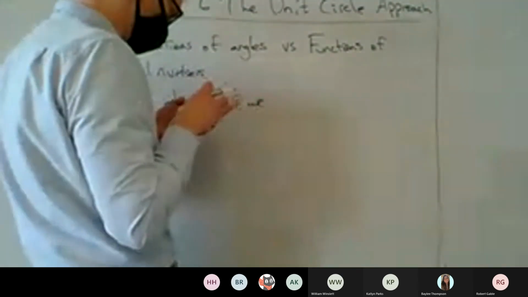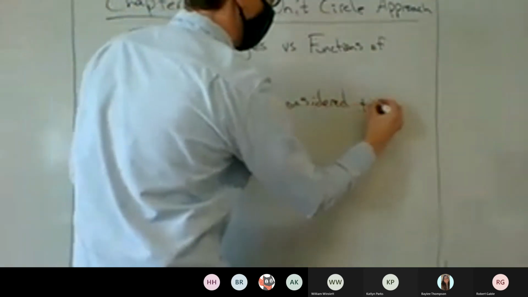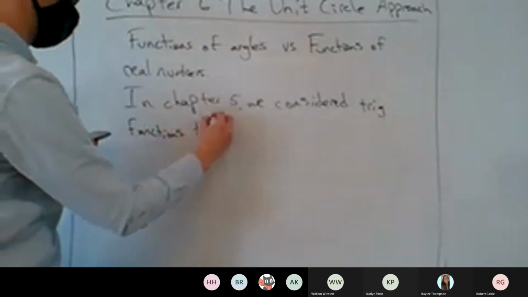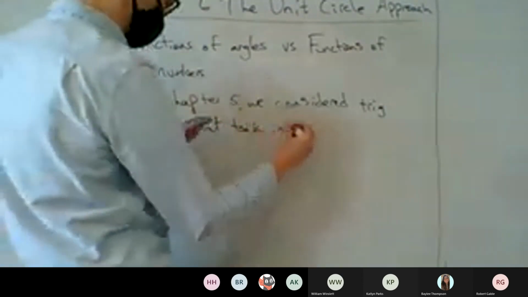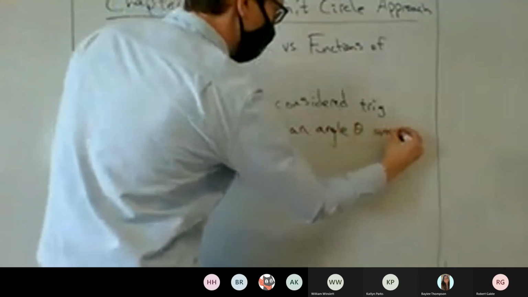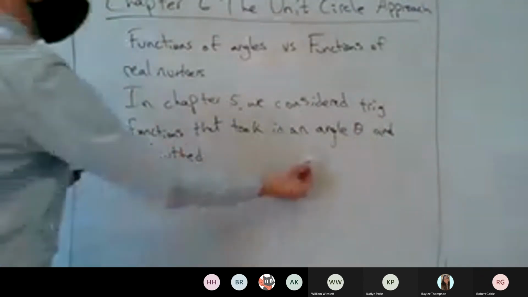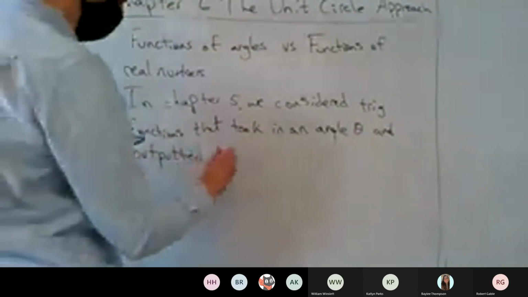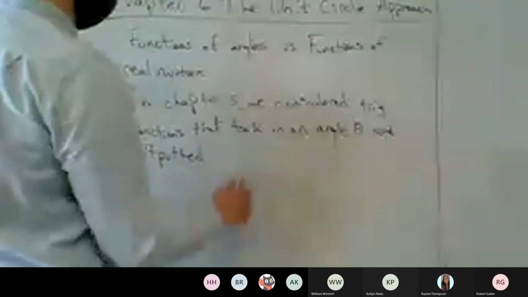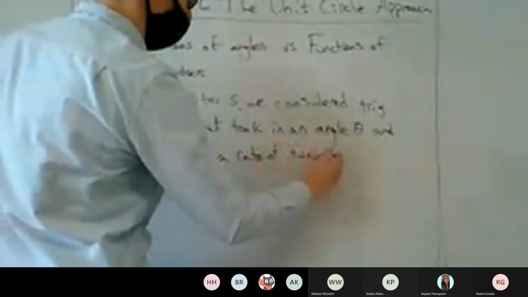We considered trig functions that took in an angle theta as input and outputted a ratio of two sides of a right triangle.